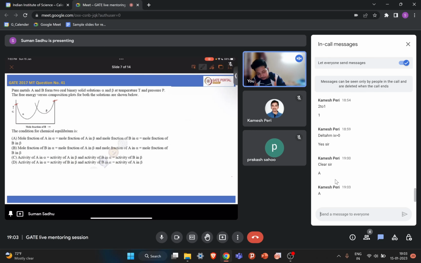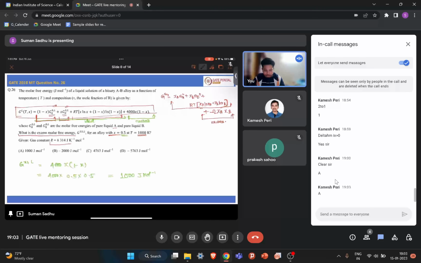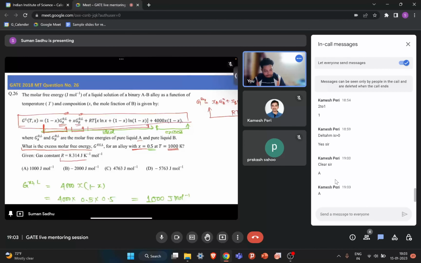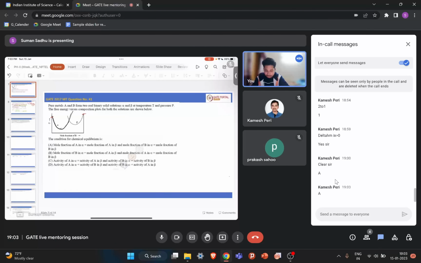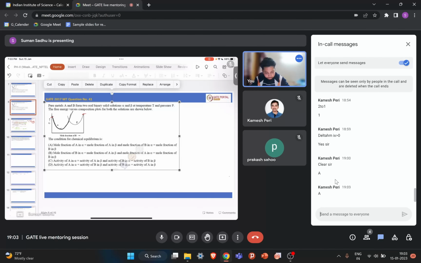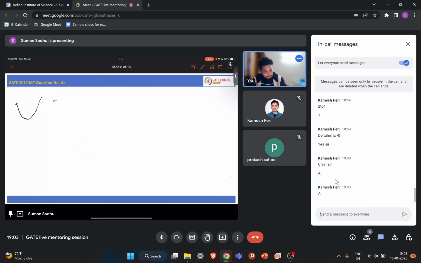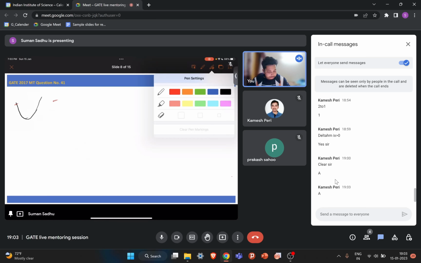One is for alpha. Let me draw this diagram separately by enlarging it here. You are saying option A. Okay, let us see what the correct answer will be.